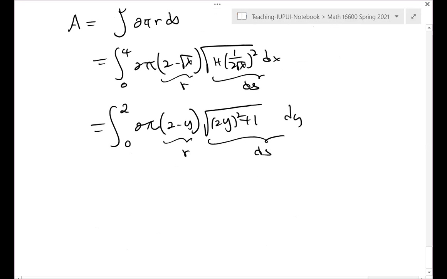Right. There are other problems about the length of the curve.